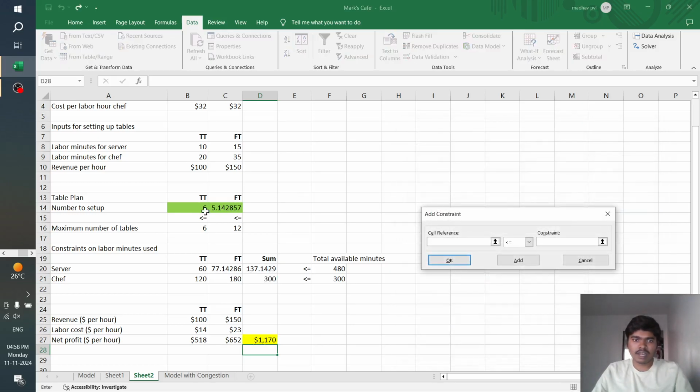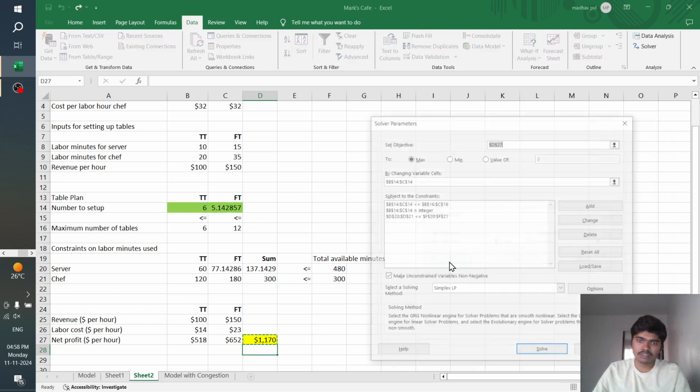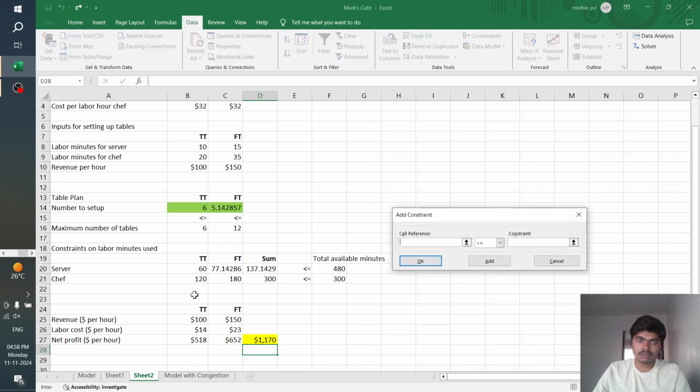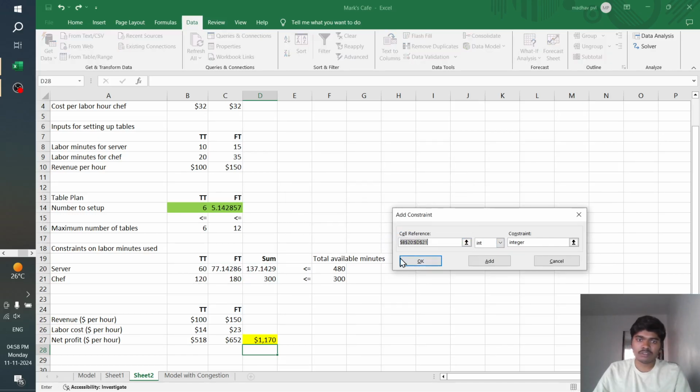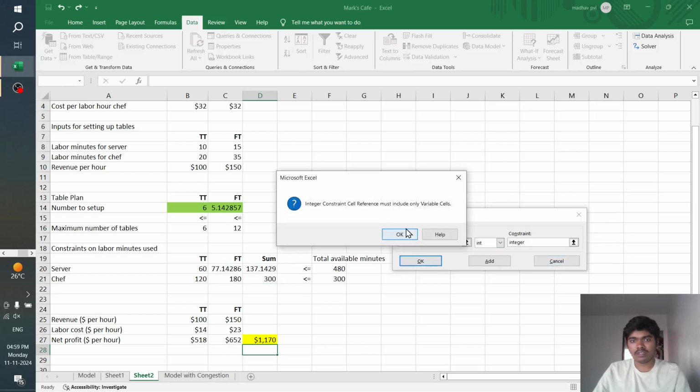So let's add those also. These two should be integers, and this all should also be integer. Okay, it should be only one variable, and if we consider this, both should be integers.